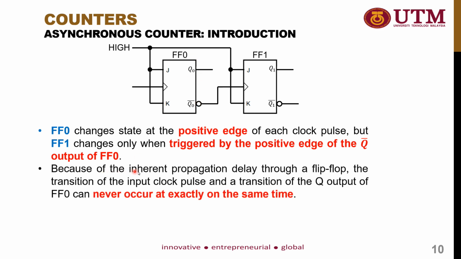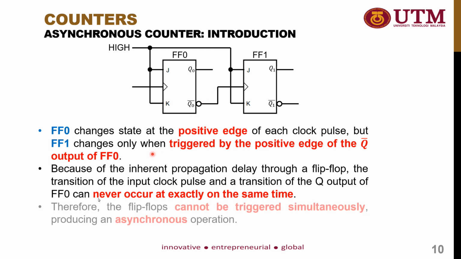Because of the inherent propagation delay through a flip-flop, the transition of the input clock pulse and the transition of the Q output of flip-flop 0 can never occur at exactly the same time. In our previous lesson, I already explained that the flip-flop suffers from propagation delay, where there is some delay when we apply an input and the output will take some time to respond.